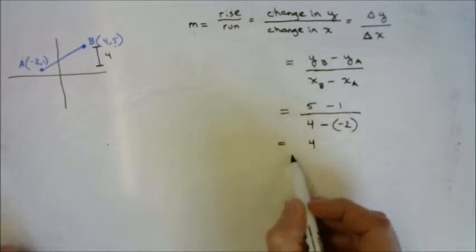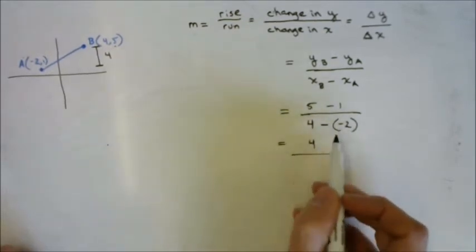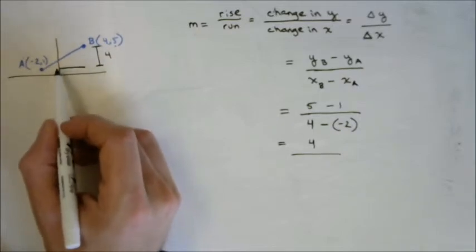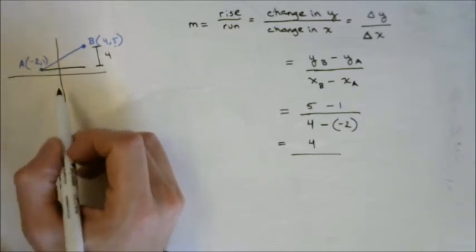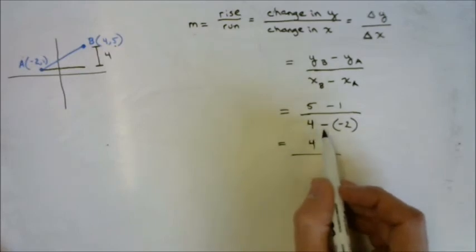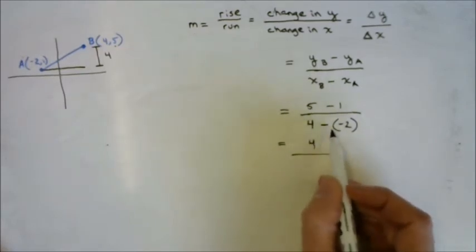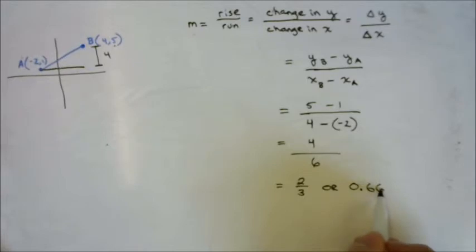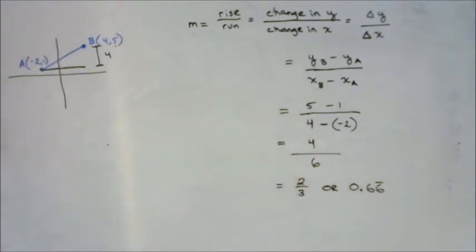But the horizontal distance is actually this 4 plus this 2. 4 minus negative 2 is actually 4 plus 2, which is 6. I can reduce that to 2/3, or 0.66.